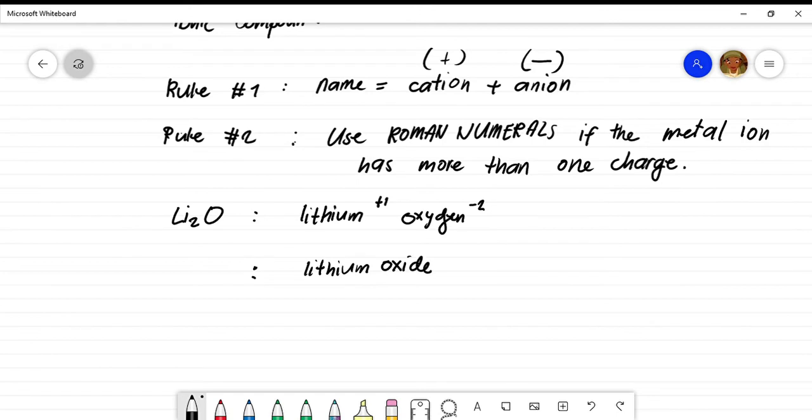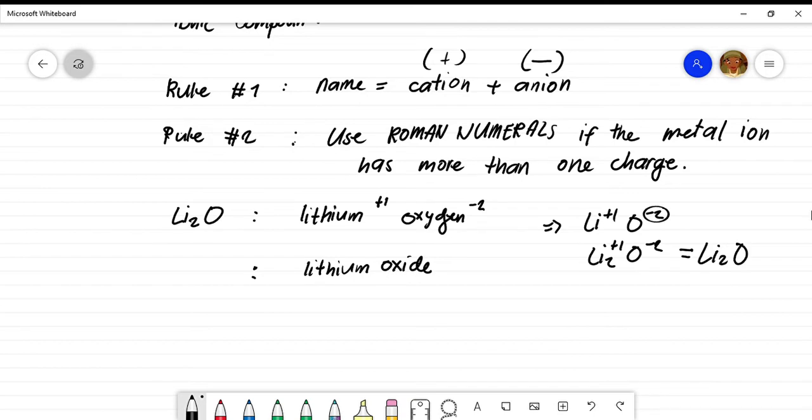Okay? So we have to balance this out, since lithium is +1 and oxygen is -2. So we have two lithium, +1 each, and oxygen -2. So we have Li2O.